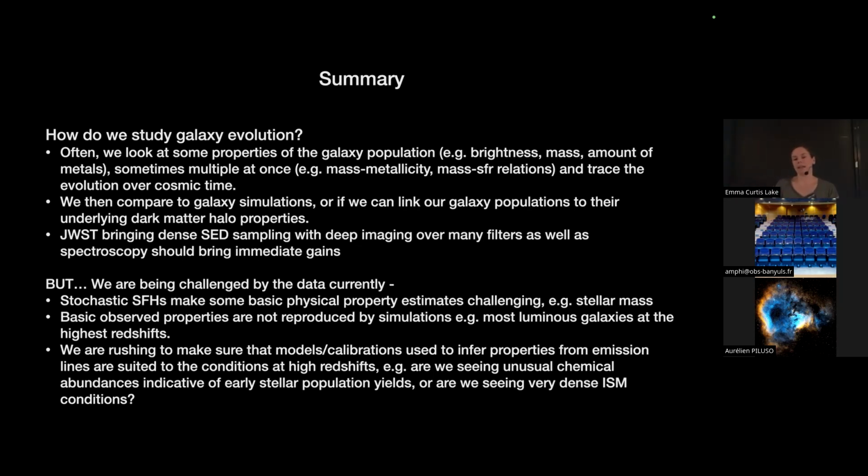But we are seeing unusual chemical abundances. Maybe they are robust. Maybe it's the ISM conditions that we have to care about. But maybe we can make a lot more progress even with allowing the models to also constrain the chemical abundances, et cetera, to understand what our stellar populations are doing and constrain more our stochastic star formation histories.